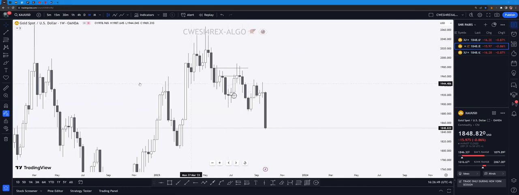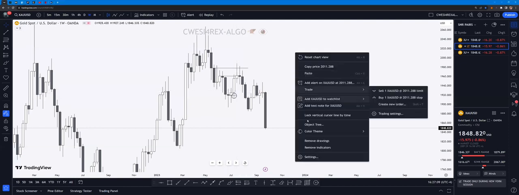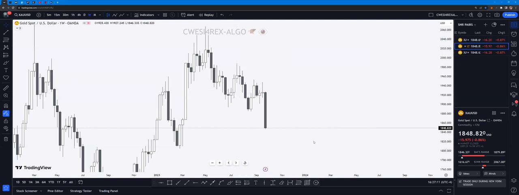All right, so one guy is asking, how do you get this level that is a continuation level, not a level? Let me explain. You can see this candle over here did something significant.